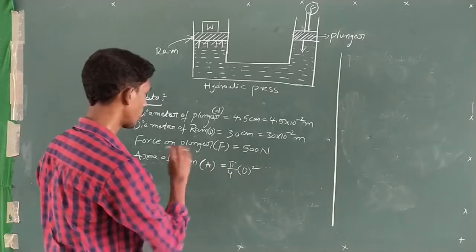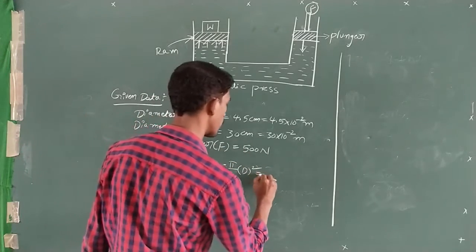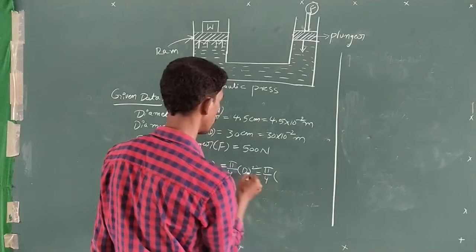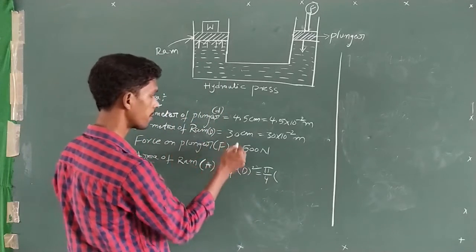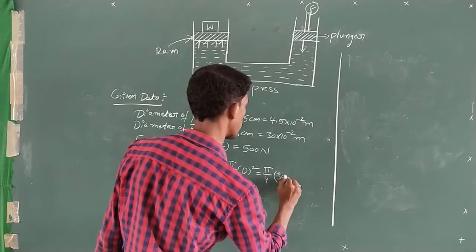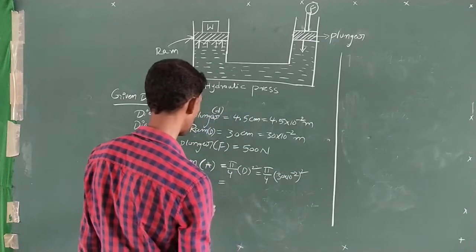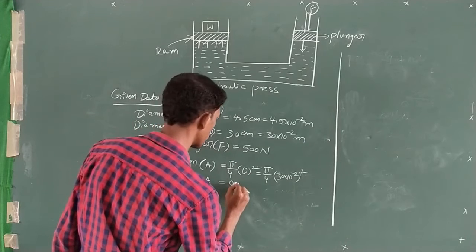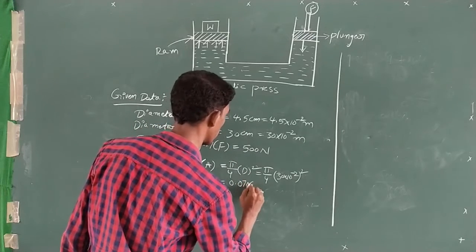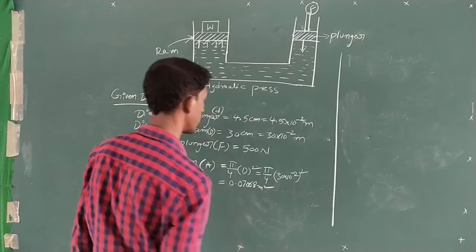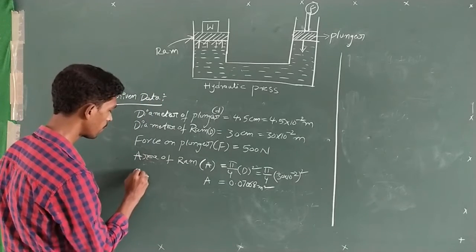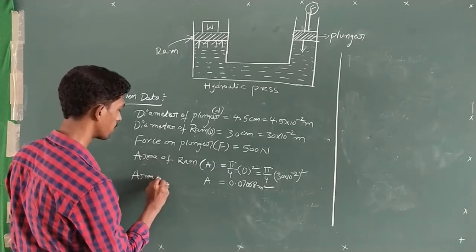So pi by 4 into 30 into 10 power minus 2 whole square gives 0.07068 meter square.